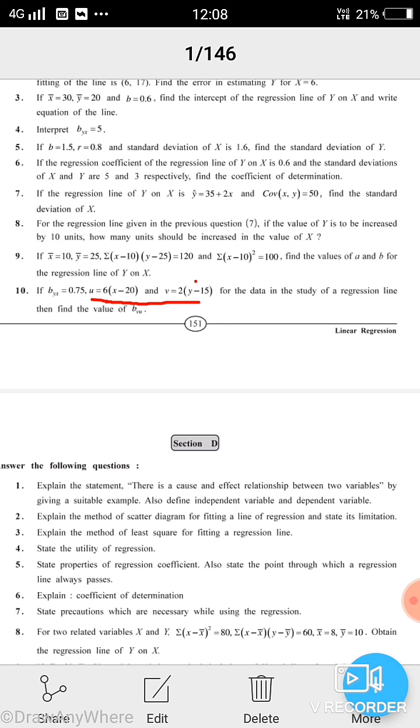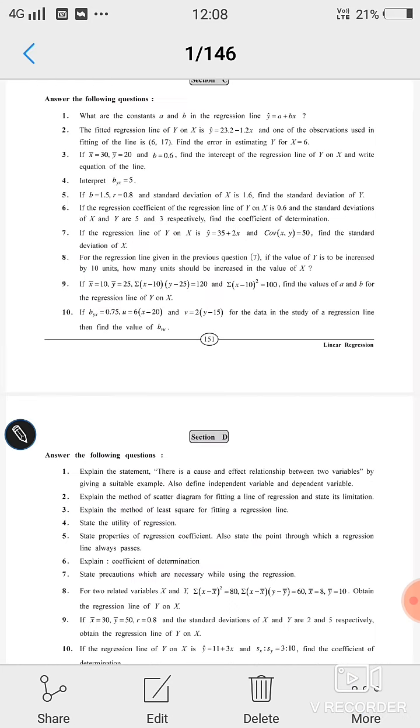For the data in the study of a regression line, then find the value of bvu. Here it is given that find the value of bvu.